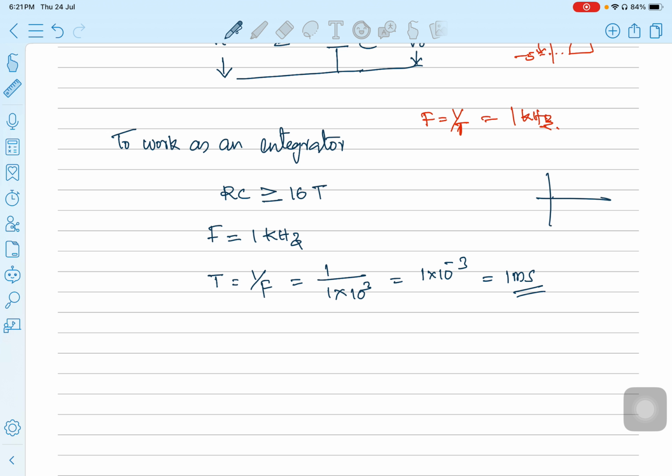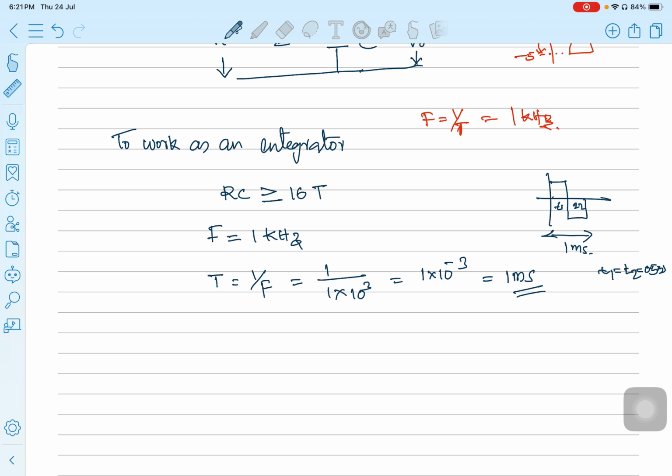For a square wave, the time period is for the complete waveform, that is 1 millisecond. If you take t1 for the half cycle and t2 for the second half cycle, then t1 equal to t2 is equal to 0.5 milliseconds.